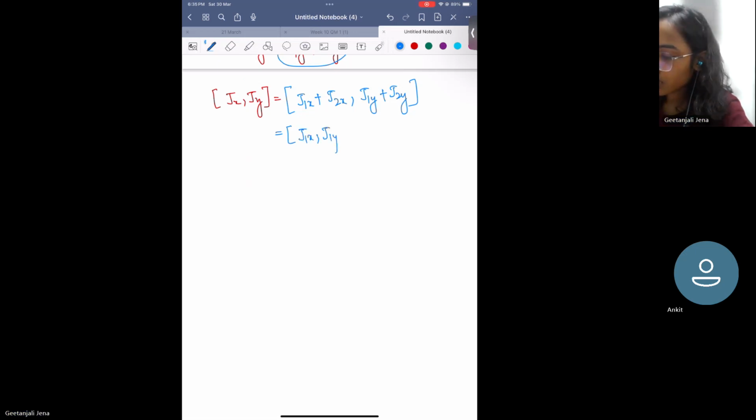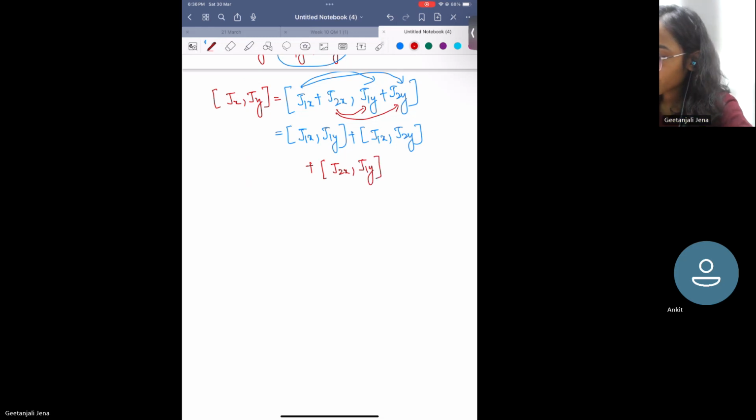J1x plus J2x with J1y plus J2y. This one with this, and this one with the second term. J1x, J1y plus J1x, J2y, plus J2x, J1y, plus J2x, J2y.